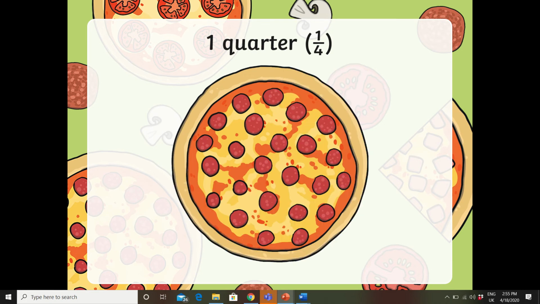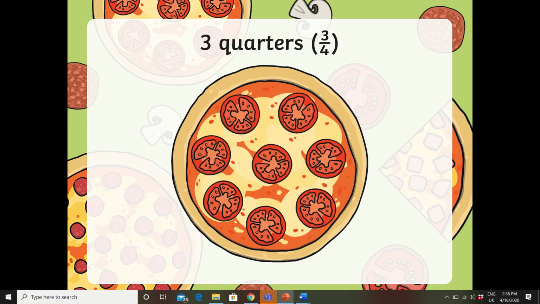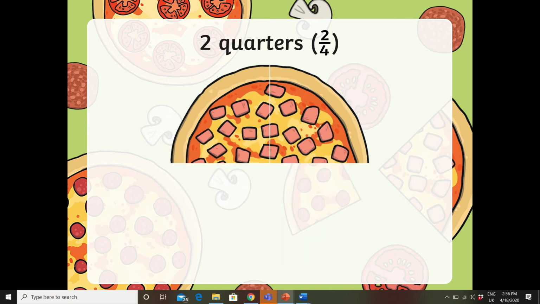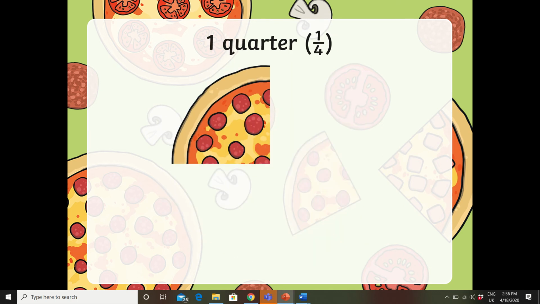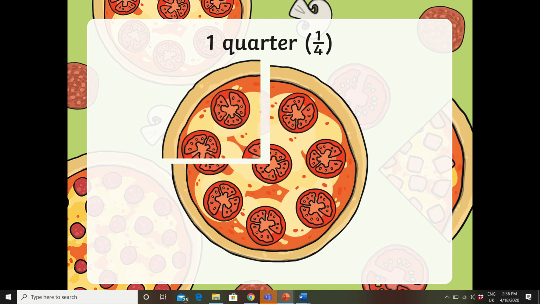So 1 quarter, going back to quarters, we have 4 quarters in total, and I'm only eating 1 of the 4 quarters, okay? See, like that. I'm only having 1 of the 4 slices.